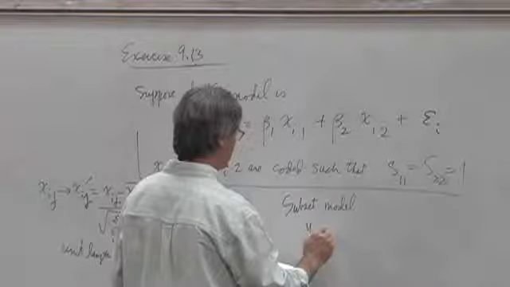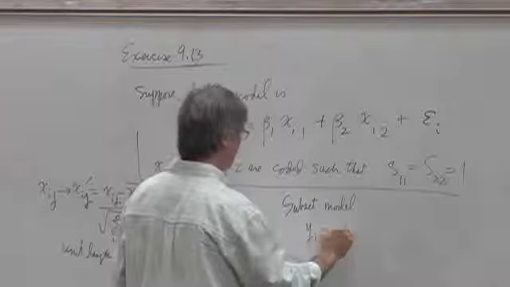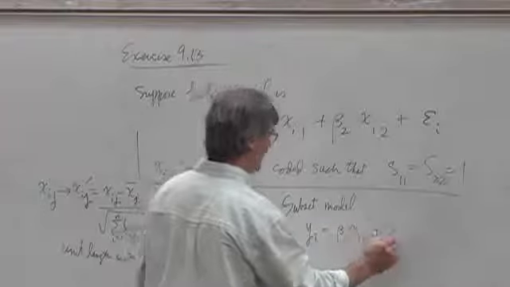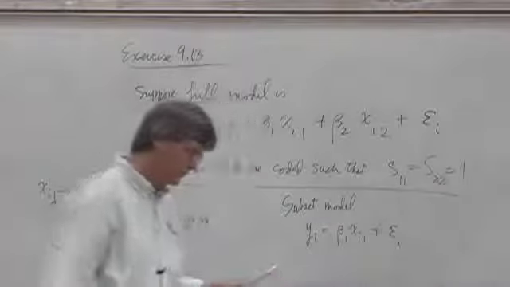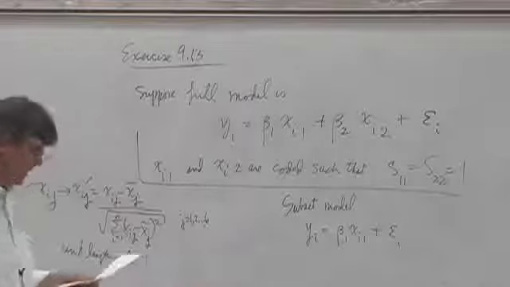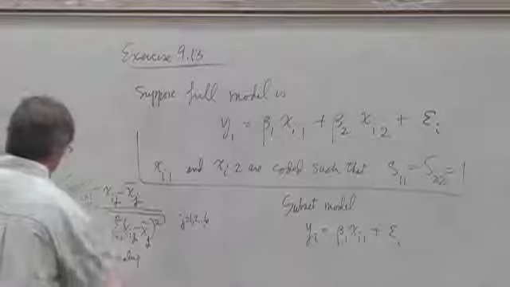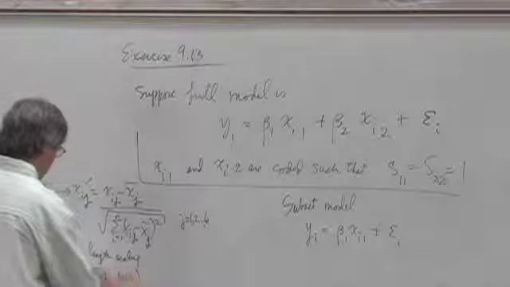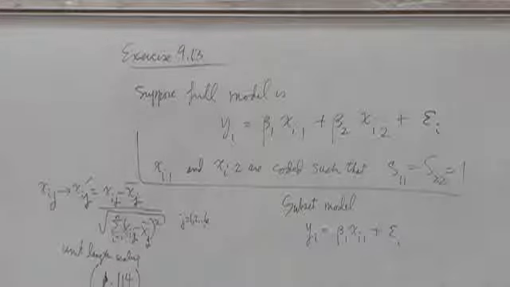yi equals beta 1 xi1 plus epsilon i. Again, with the unit length scaling on page 114, that's where that is discussed.